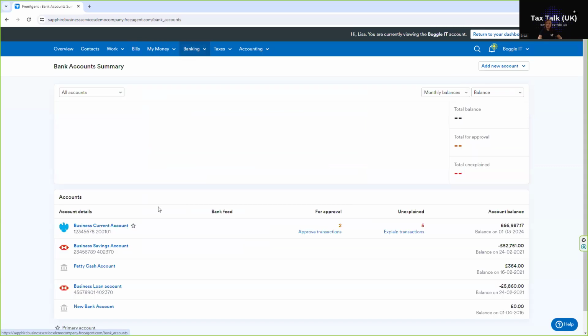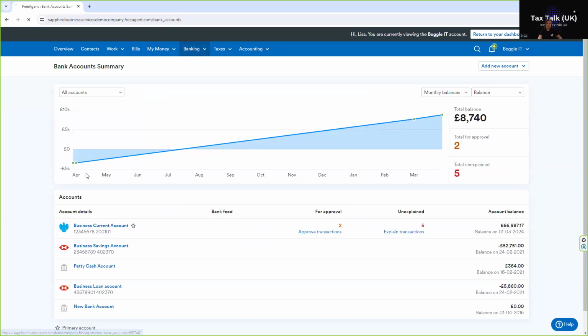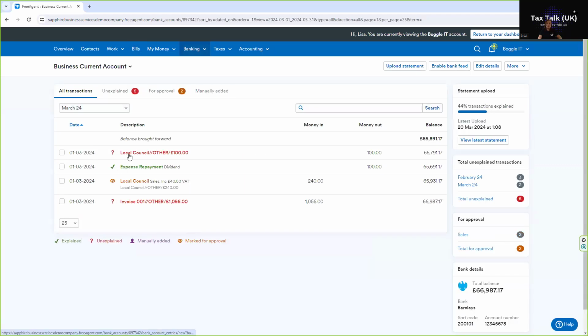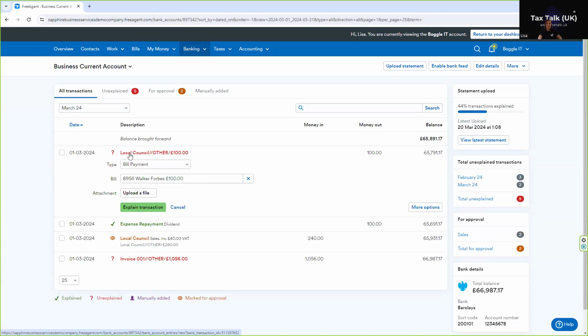Then if we navigate back to our bank feed, once that bill is paid we would mark it as paid here in the bank feed. At that point, you're not doing anything with your profit and loss, because you've already accounted for that in terms of the expenditure and any purchase VAT if you're VAT registered.